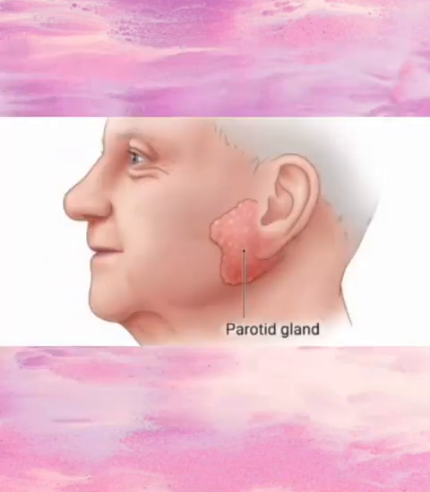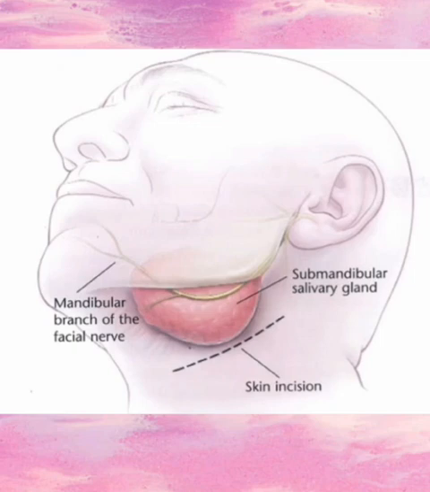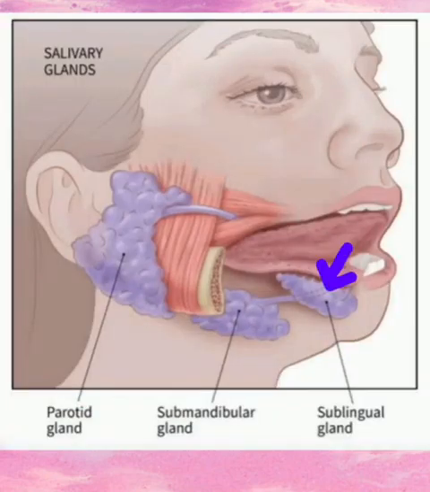The first, parotid glands, are located just in front of and beneath each ear on both sides. Second, submandibular glands, lie close to the inner side of the lower jaw on each side, and sublingual glands are located below the tongue.